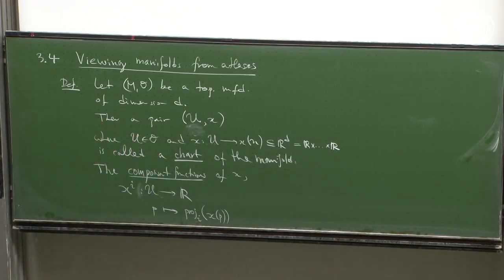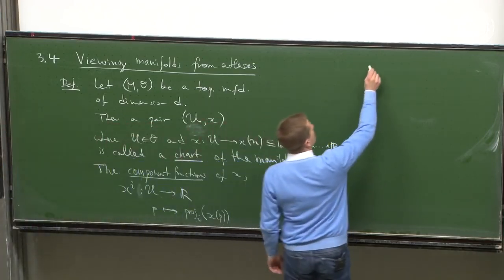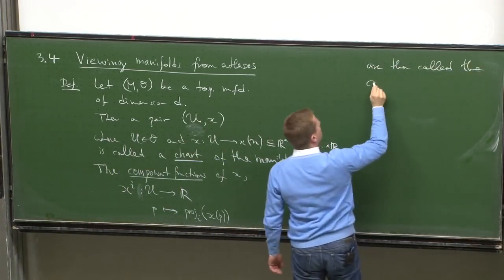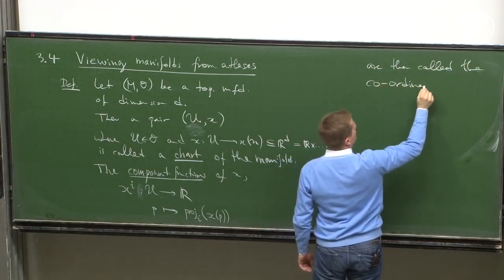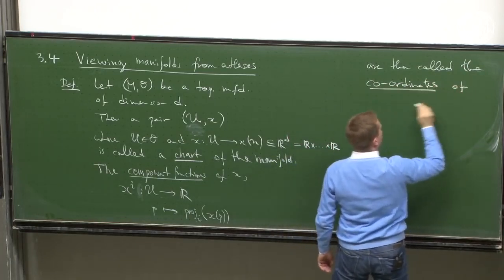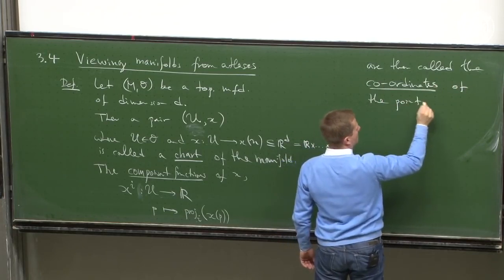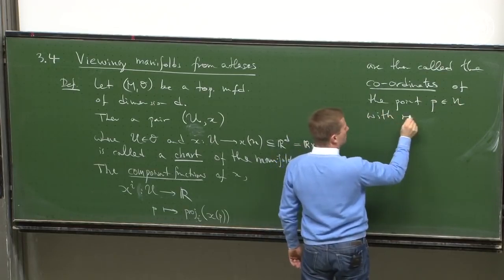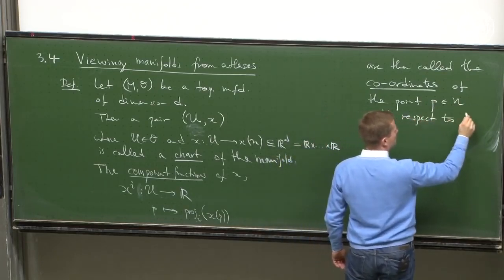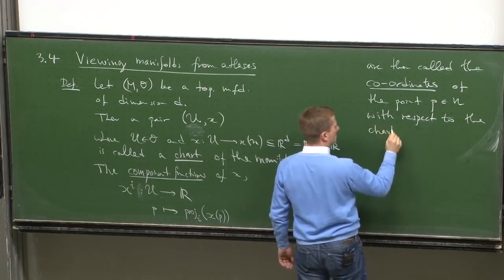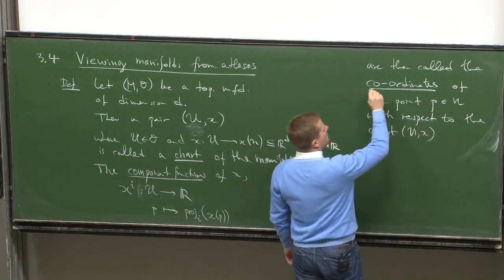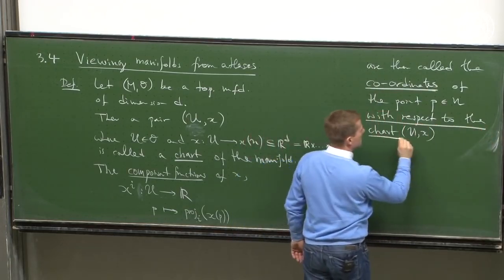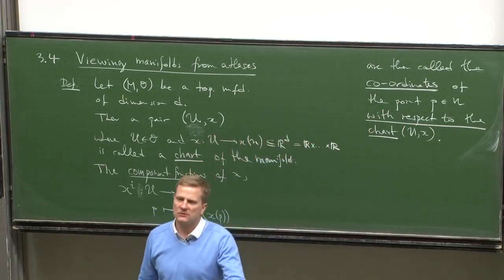The component functions of X, Xi: U to R, are then called the coordinates of the point P, which must lie in U, with respect to, and this is very important, with respect to the chart (U, X). So we cannot speak of the coordinates of a point, we can only speak of the coordinates of a point with respect to a certain chart.